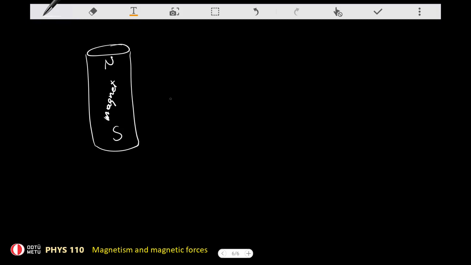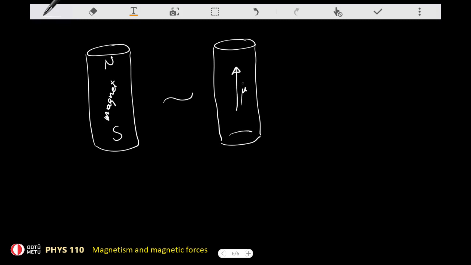I'm sorry about this. Let's say that you have a magnet. This might be an iron bar. It's just a magnet, any kind, doesn't matter. There's a north pole and a south pole in here. I can model this as a magnetic dipole moment.